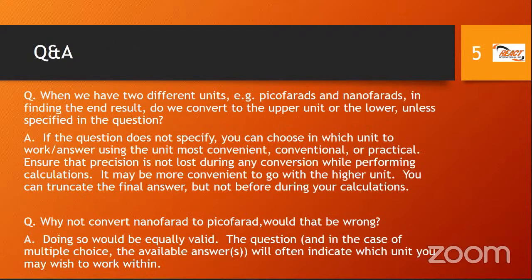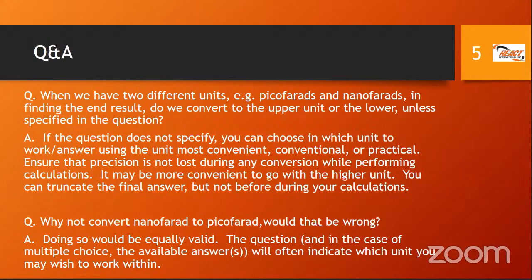We had a couple of questions from the last class, so let's deal with them. The first one: when we have two different units, for example picofarads and nanofarads, in finding the end result, do we convert to the upper unit or to the lower unit, unless specified in the question?